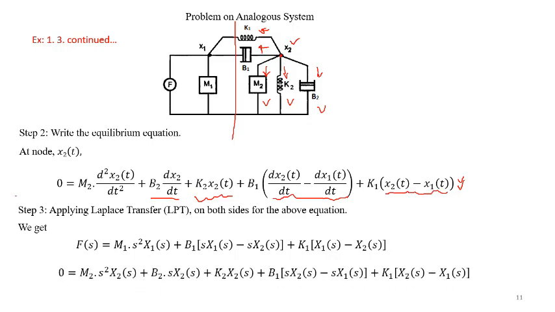Similarly at node 2, we have m2 s square x2 of s, then b2 s into x2 of s plus k2 into x2 of s, and b1 s into x2 of s minus s into capital X1 of s, then k1 x2 of s minus x1 of s.